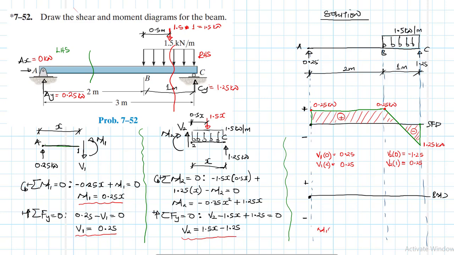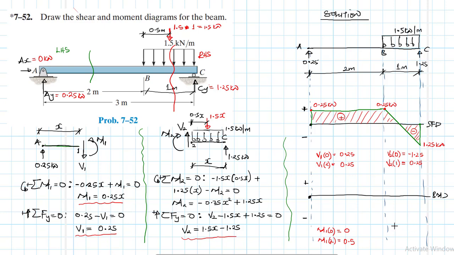M1, when x is equal to 0, gives us moment equal to 0. And M1, in the interval AB, when x is equal to 2, 0.25 times 2 gives us 0.5. So our moment will be 0.5 kilonewton meters.